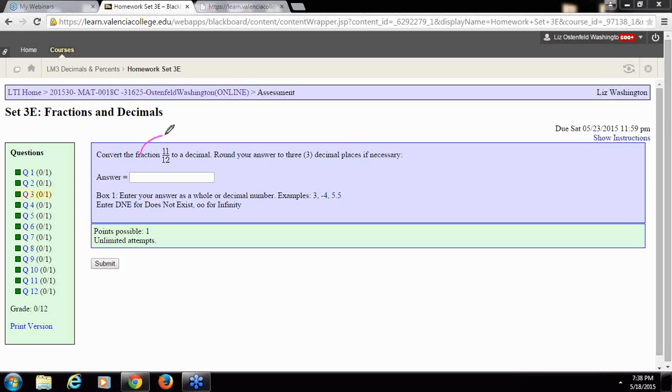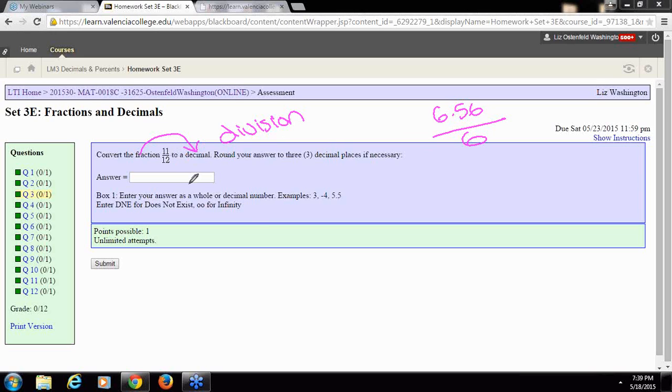Converting fractions to decimals is nothing more than just doing the division. Earlier you heard me say that we had a problem like 6.56 over 6, which I told you meant the same thing as 6.56 divided by 6.